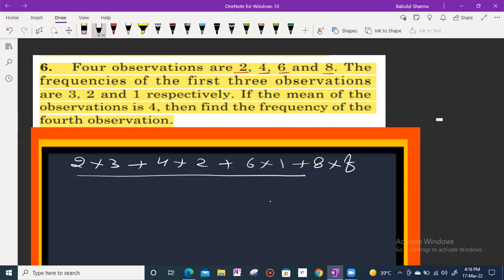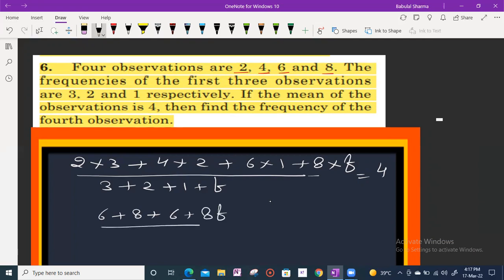The total number of observations is 3 plus 2 plus 1 plus f. The formula for the mean of the given observations is the sum of all observations upon the number of observations. So 2 threes are 6, plus 8 plus 6 plus 8f, upon 6 plus f, that is 4.